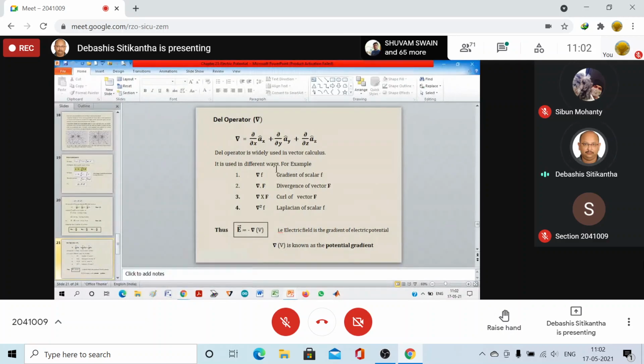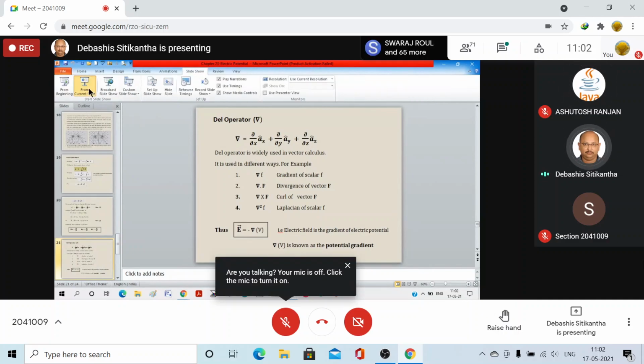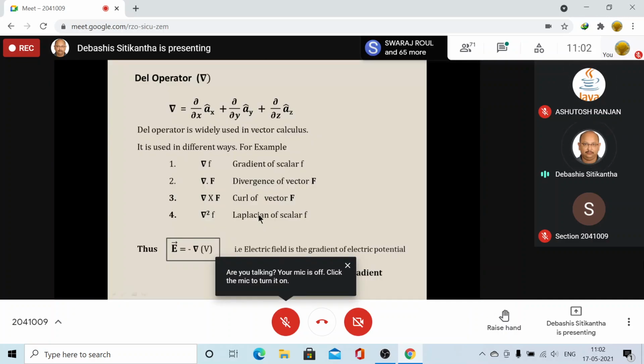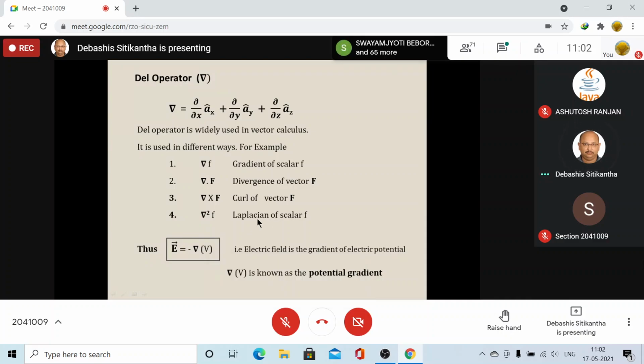Okay, fine. So let us start our today's class from this del operator, right? So the first question to you all is, you might have been acquainted with this word operator and operand. Previously, when you were in school up to +2 level, you have been dealing with various types of operator like plus, minus, division, multiplication.